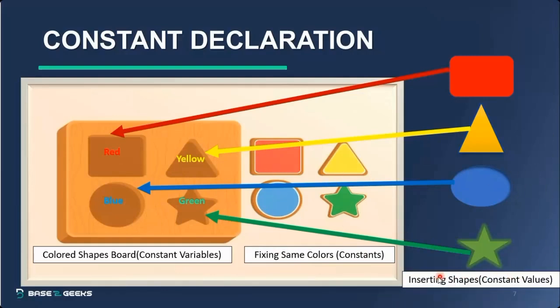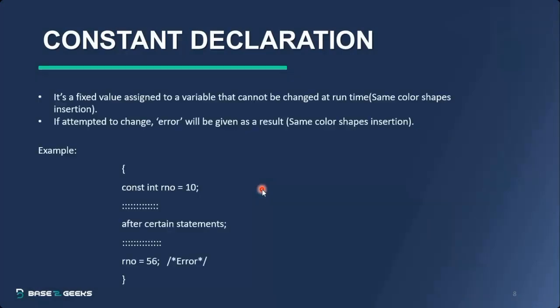So next you see, I am going to insert the constant values inside these respective shapes. Can you understand? Okay, we will go for its point-wise discussion. So what is this constant declaration? Already I told, it is a fixed value assigned to a variable that cannot be changed at runtime.